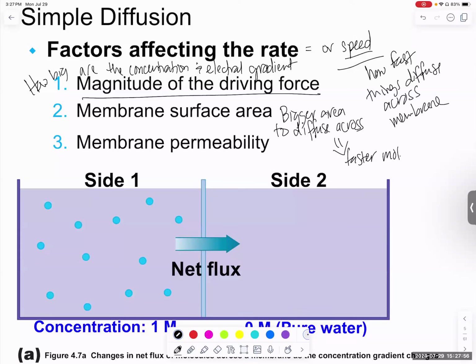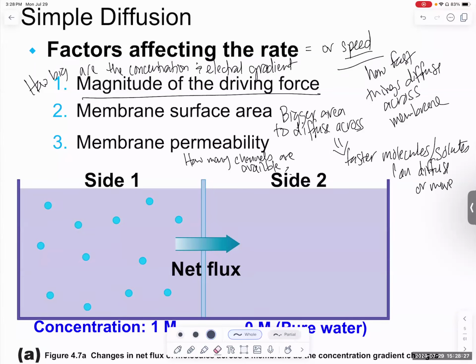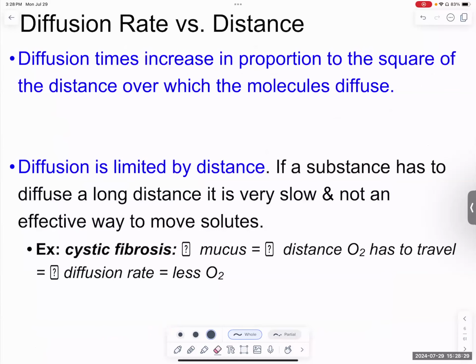Faster molecules or solutes can diffuse or move, right? More lanes, you can go faster. And then membrane permeability. And this could be anything from how many channels are available to move a substance across the membrane, right? That controls the permeability. So there are other factors, and we'll go over those.